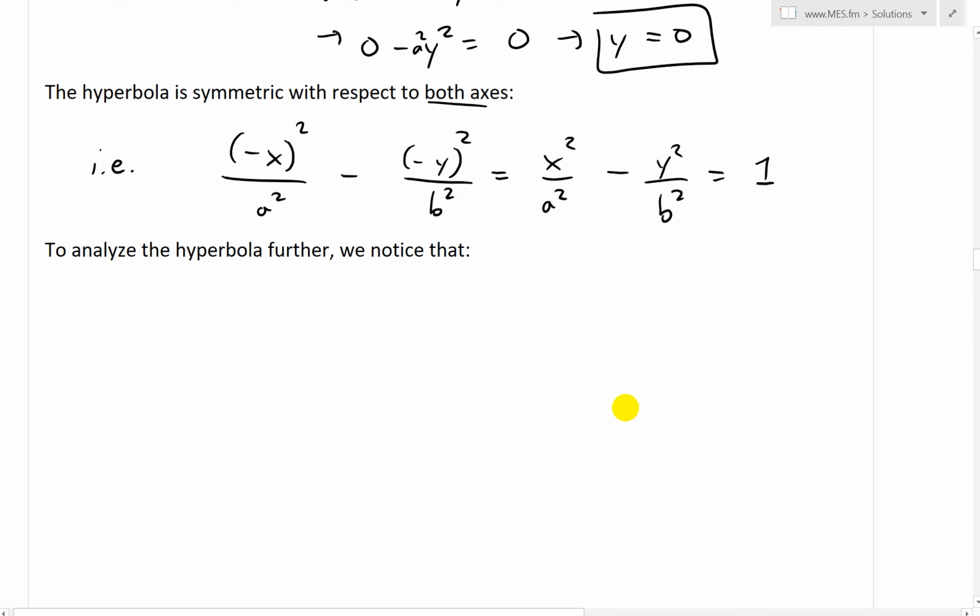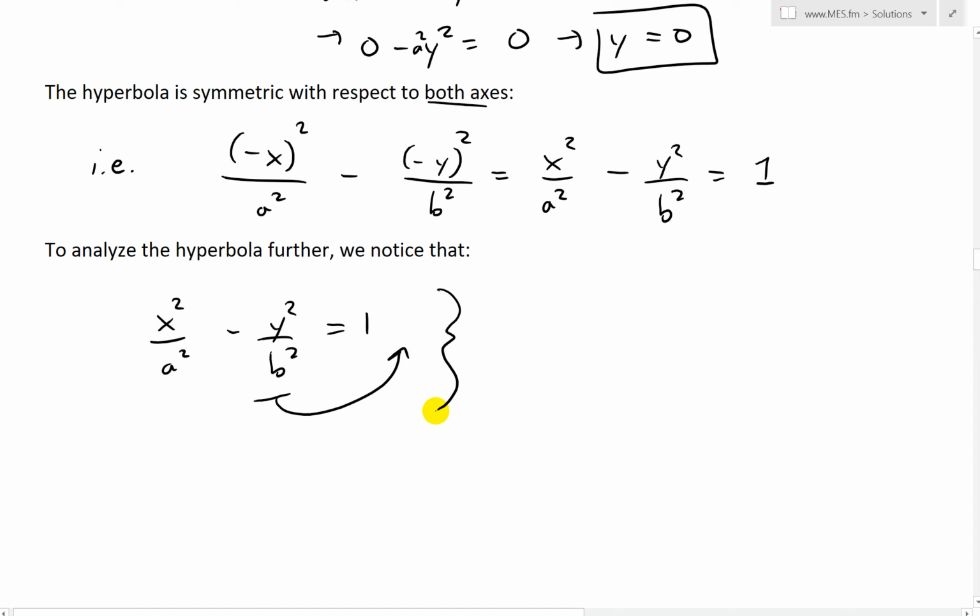And now to analyze the hyperbola further, what we notice is that if we have x squared over a squared minus y squared over b squared equals 1 right here, and we move this over to this side, then we get x squared over a squared equals 1 plus y squared over b squared.